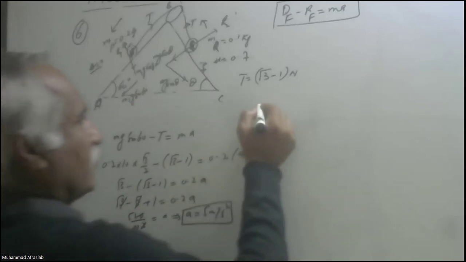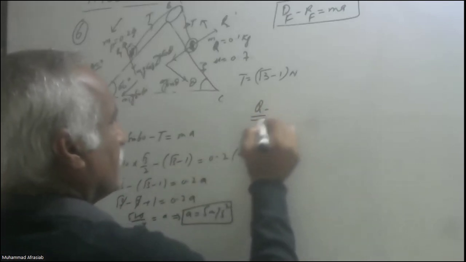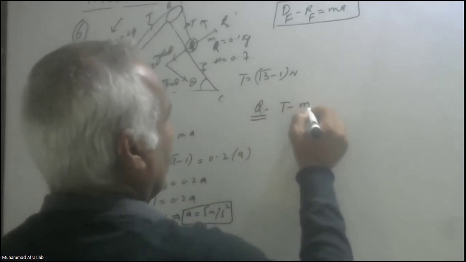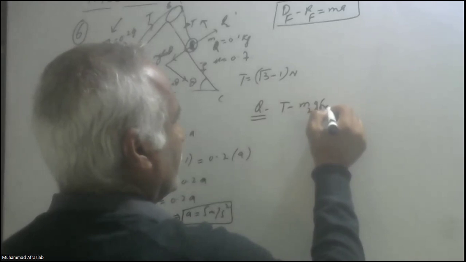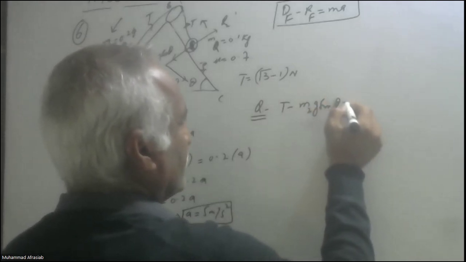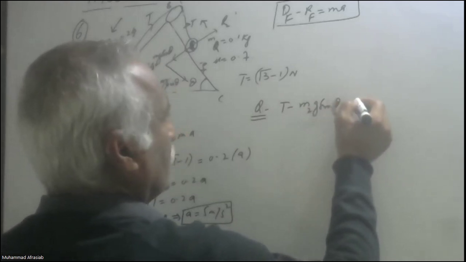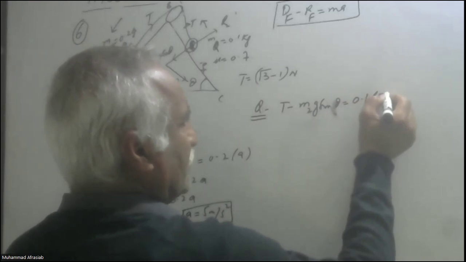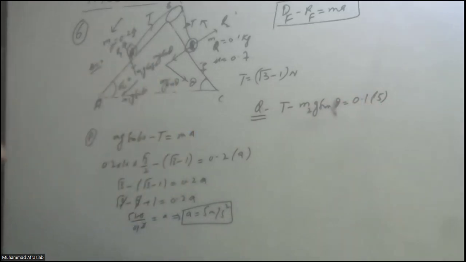For this particle Q now, tension minus m2g sine theta is equal to mass m2 into a, and a we have calculated is equal to 5.